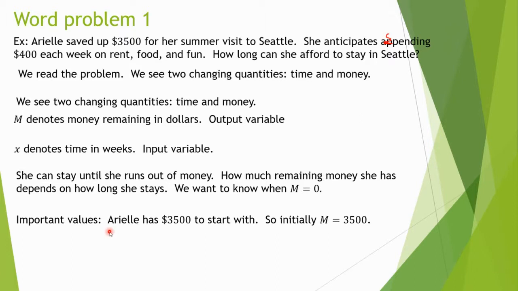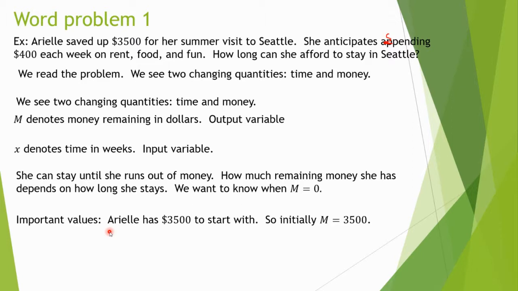That's a rate of change. That's also a good way to tell what your input and output variables are in a rate of change. The units for output are on top. The units for input are in the denominator. So $400 each week.